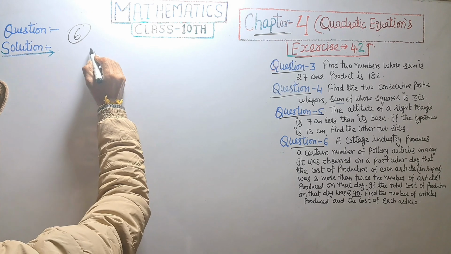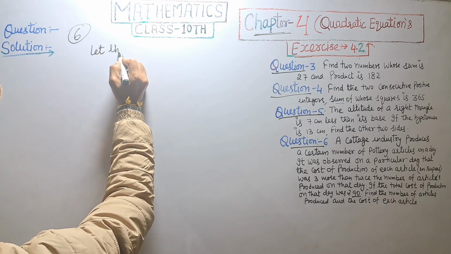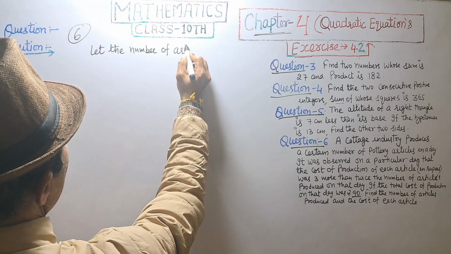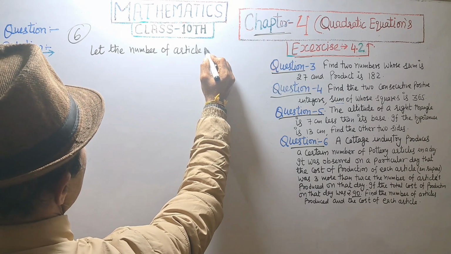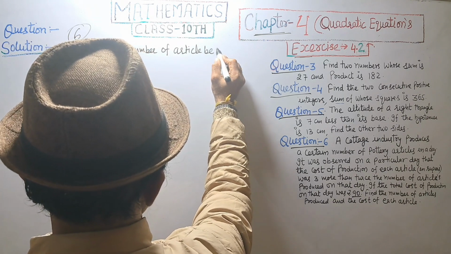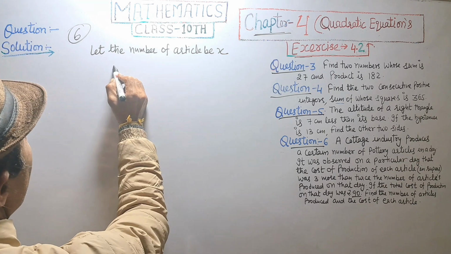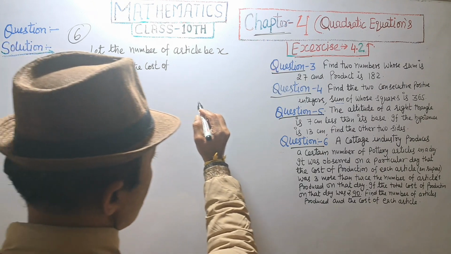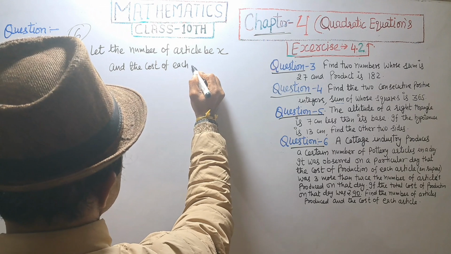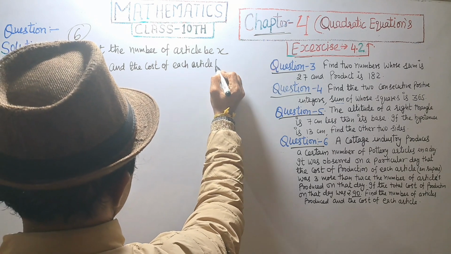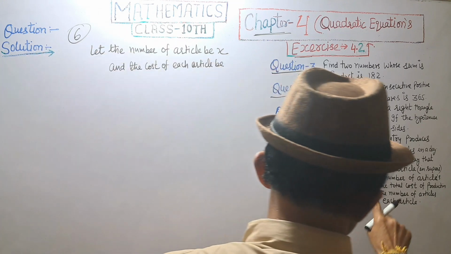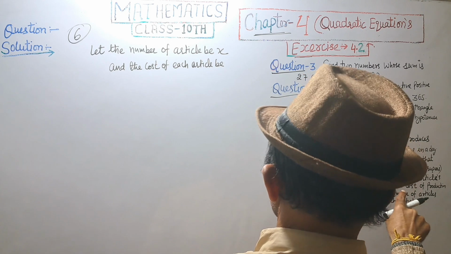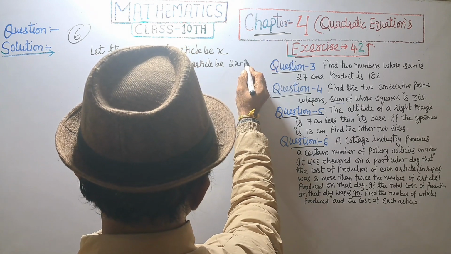Let the number of articles produced be x, and the cost of each article, which was 3 more than twice the number of articles, be 2x plus 3.